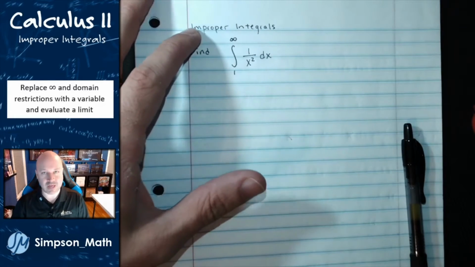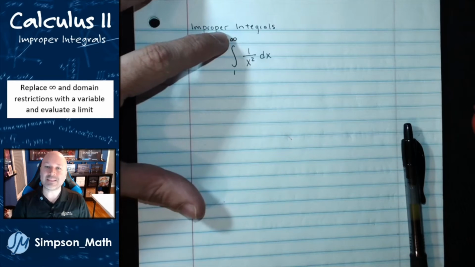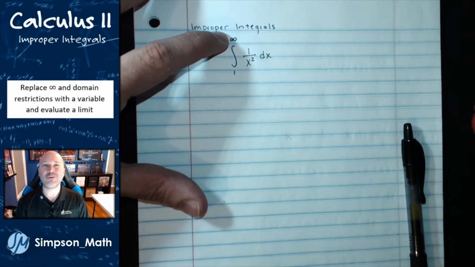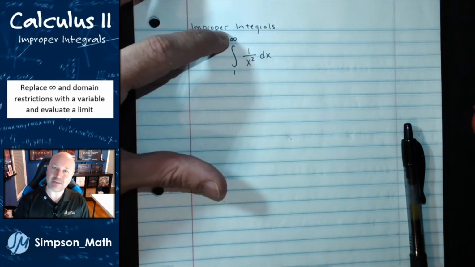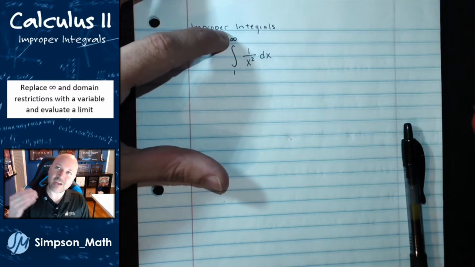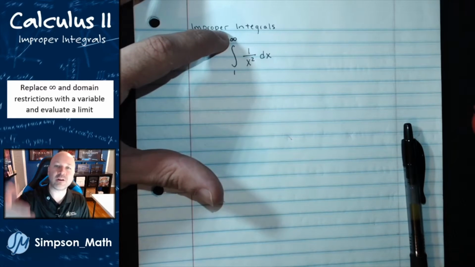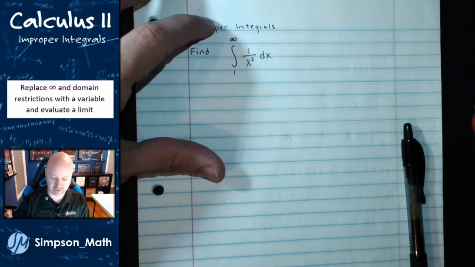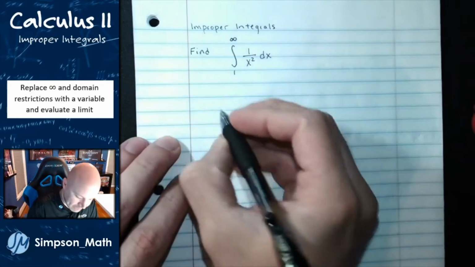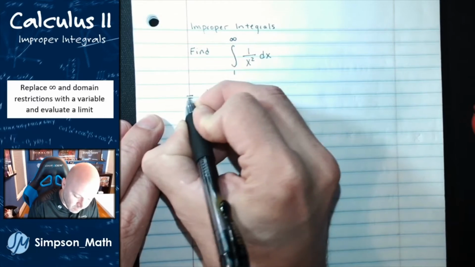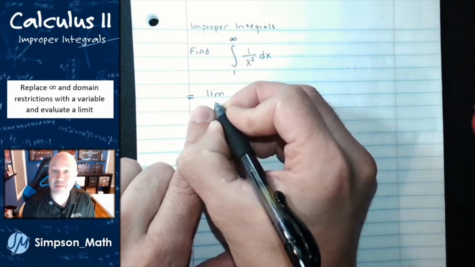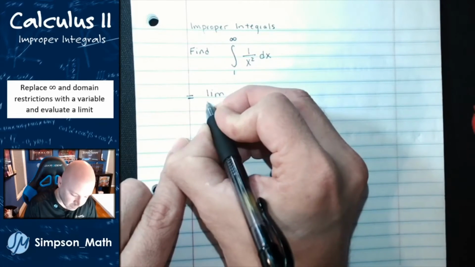So the way we handle that is we instead create some dummy variable, and then we use our old friend, the limit, to evaluate what's going to happen as I get closer and closer and closer to infinity. What I mean by that is I want to create a limit. I'm going to create a dummy variable. I'll use t.